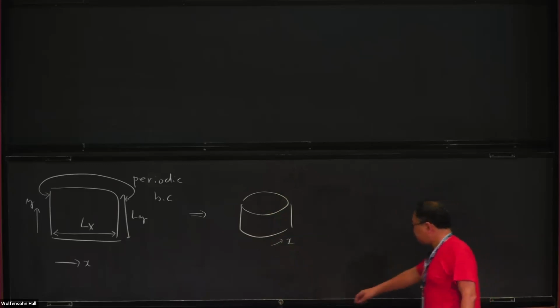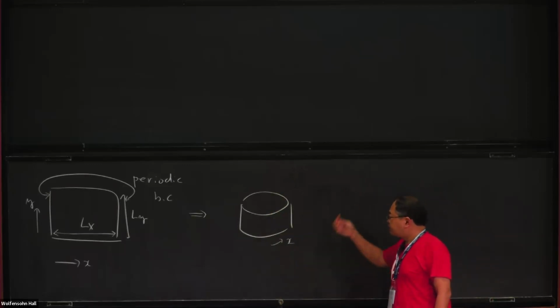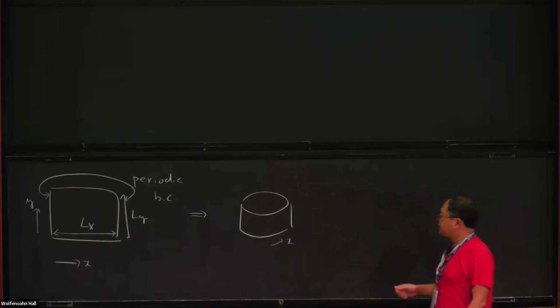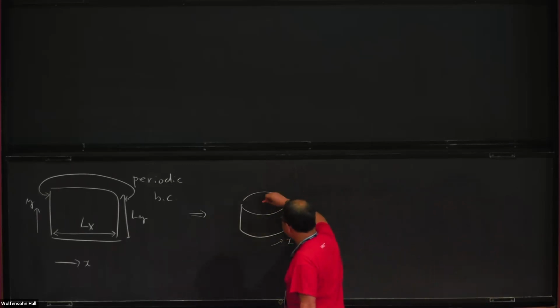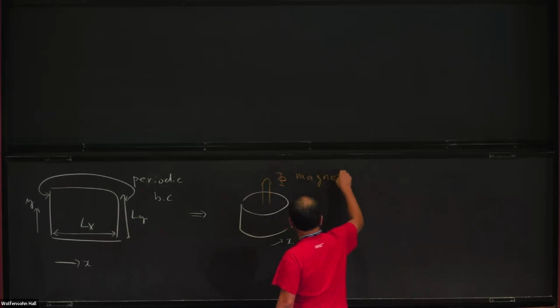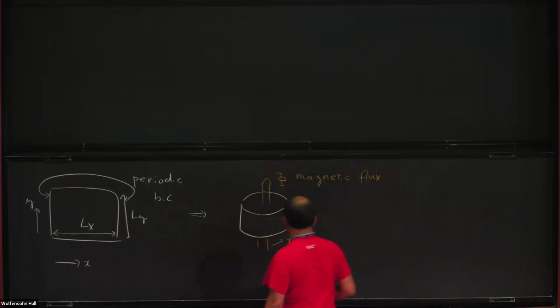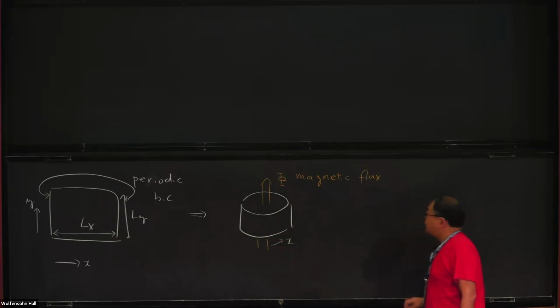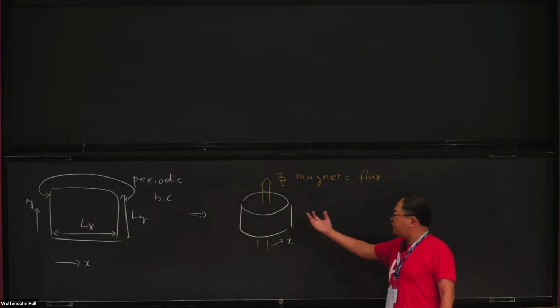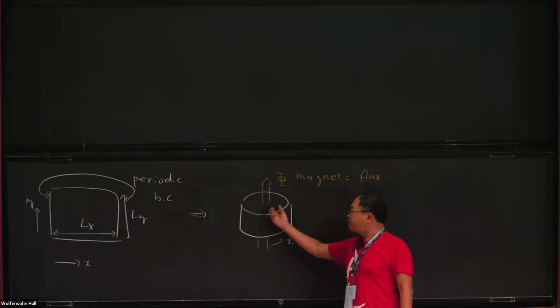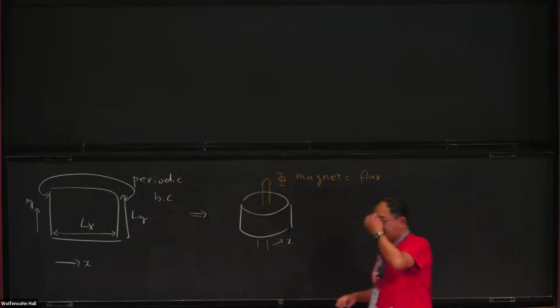Then we can at least imagine introducing a magnetic flux inside this hole, so that this magnetic flux is completely confined in this empty hole. And this magnetic flux does not touch this two-dimensional system.